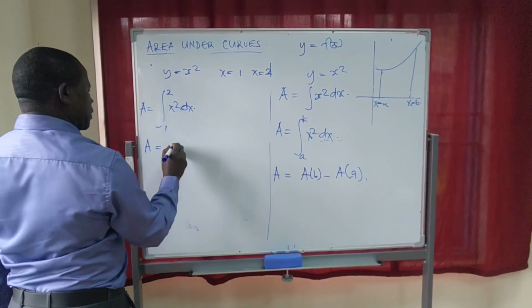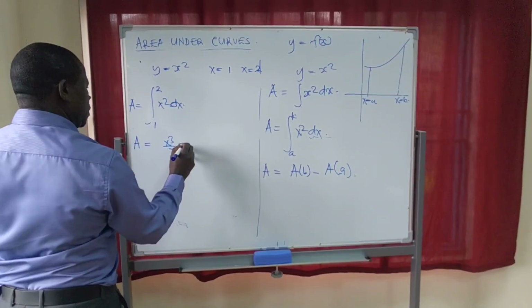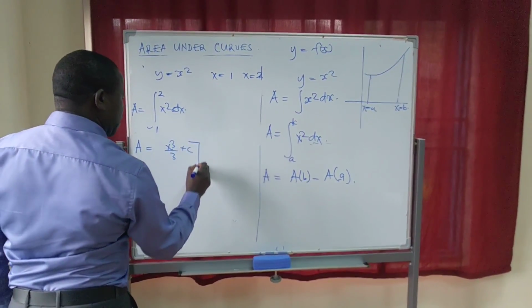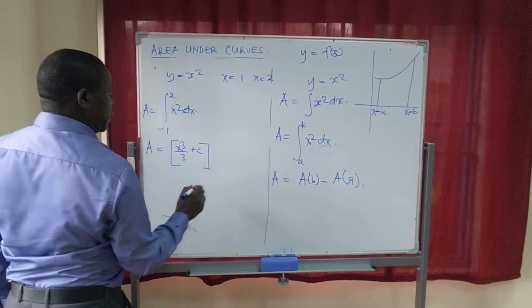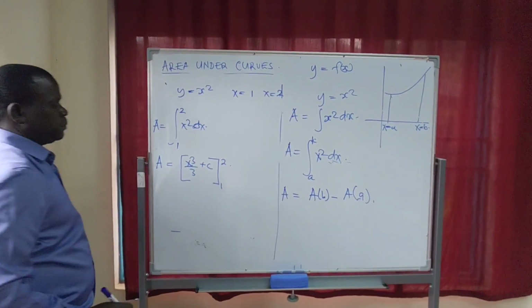I will say x cubed over 3 plus c. Then I use this bracket. Then I insert the limit, this is 1 up to 2.